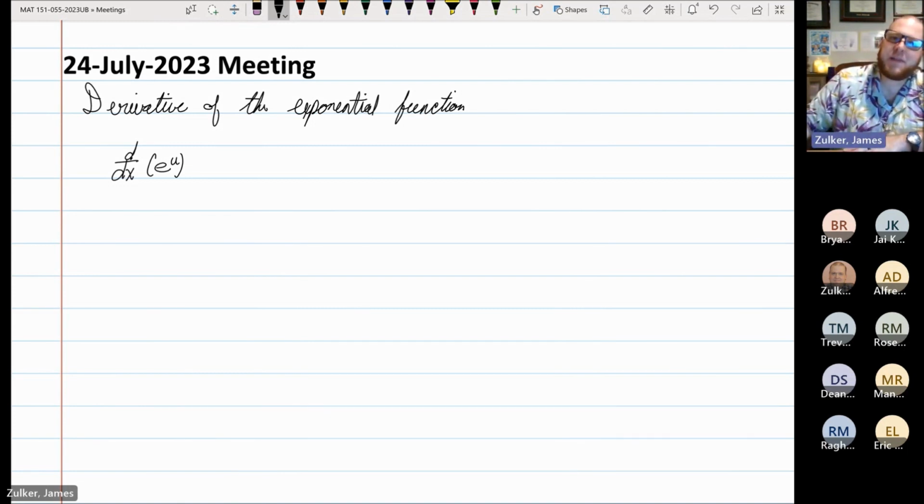The natural exponential function, e to the x. In this case, I'm doing the general, so e to the u. The derivative is u prime times e to the u.